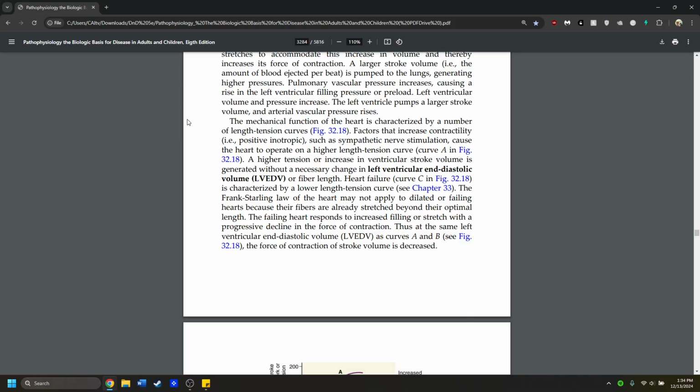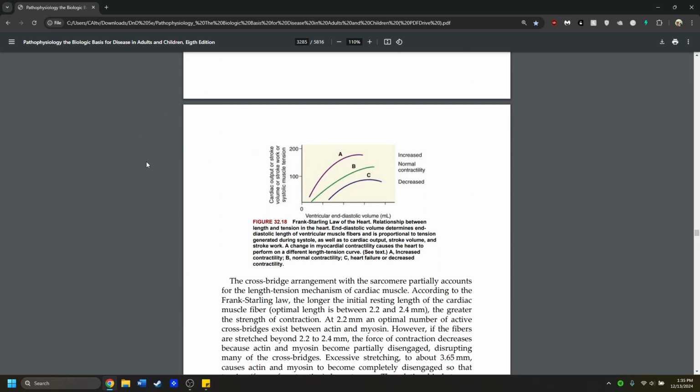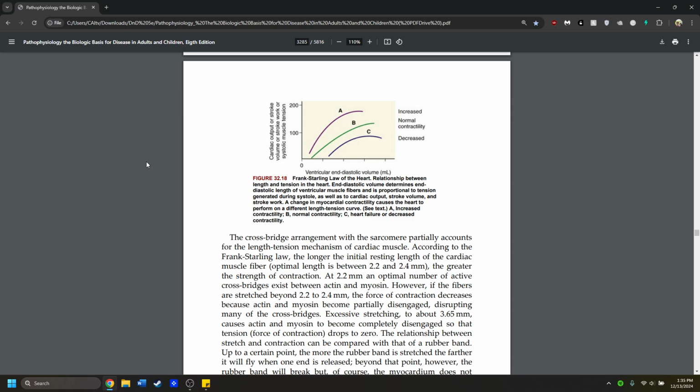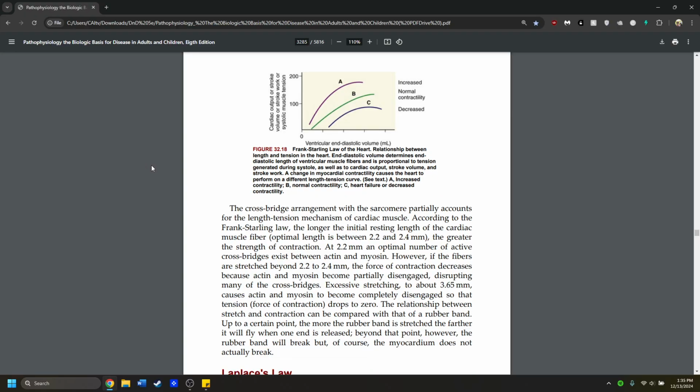Thus, at the same left ventricular end diastolic volume as curves A and B, the force of contraction or stroke volume is decreased. So really, it sounds like this only fits in your healthy individuals.